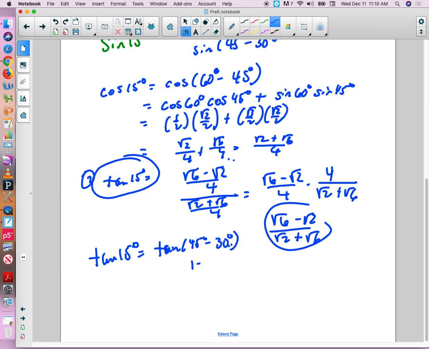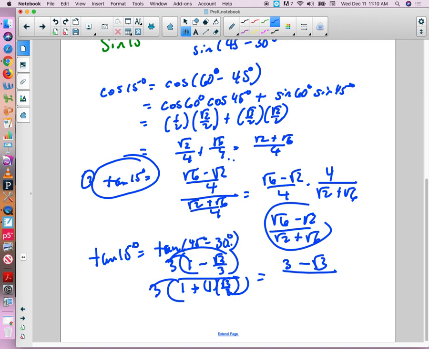So tan of 45, tangent A minus B is tangent A minus tangent B over 1 plus tangent A times tangent B. And that's not acceptable to leave like that as a complex fraction. So I'm going to multiply the top by 3 and the bottom by 3. That gives me 3 minus root 3 over 3 plus root 3.